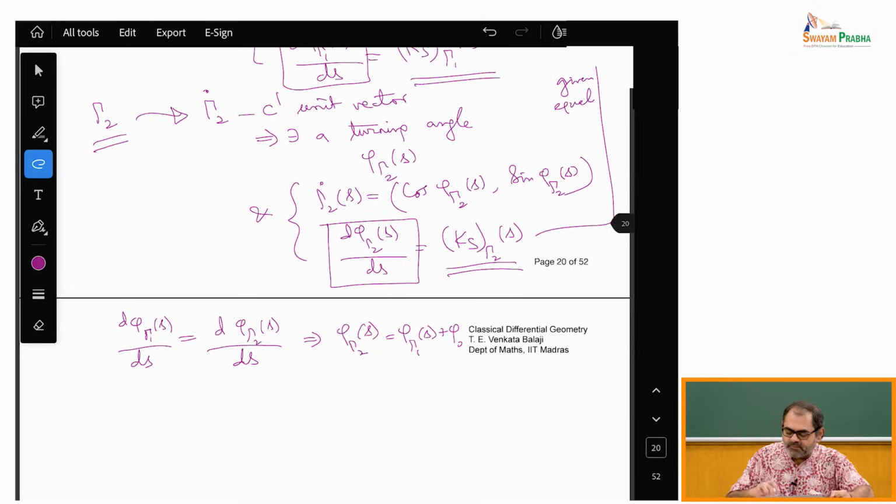So now from this you want to say that gamma 2 is a rigid motion times gamma 1.